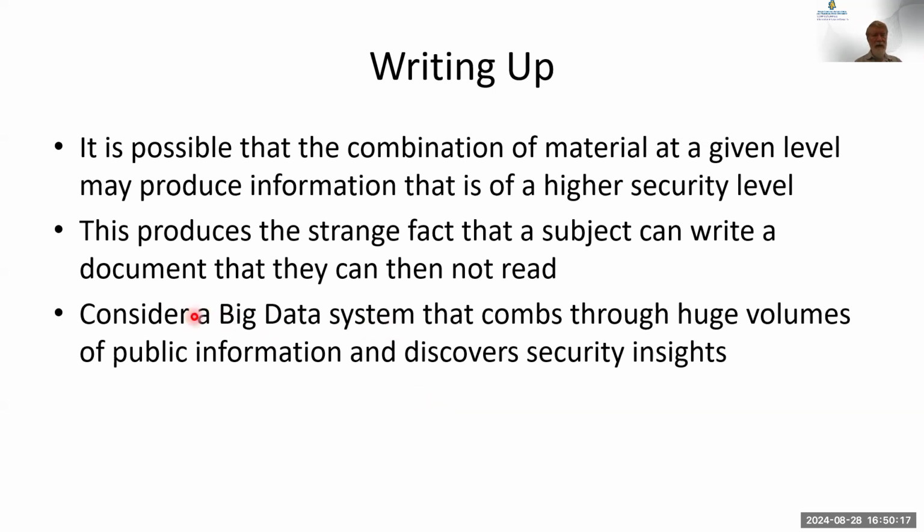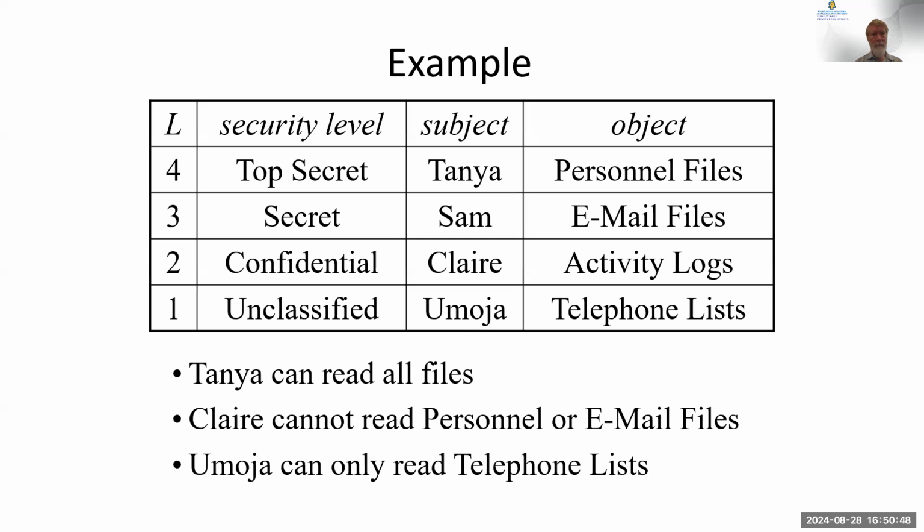Imagine a big data system that combs through great volumes of public information, doing data mining, and discovers insights that might be more sensitive than the information itself. So if you were combing through information at a confidential level, you might come across some information through data mining that needs to be recorded at a secret or top secret level.